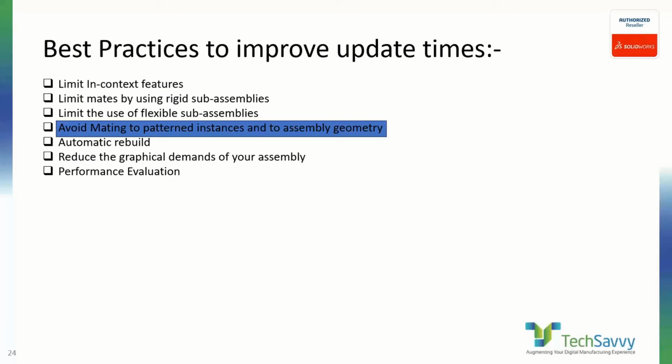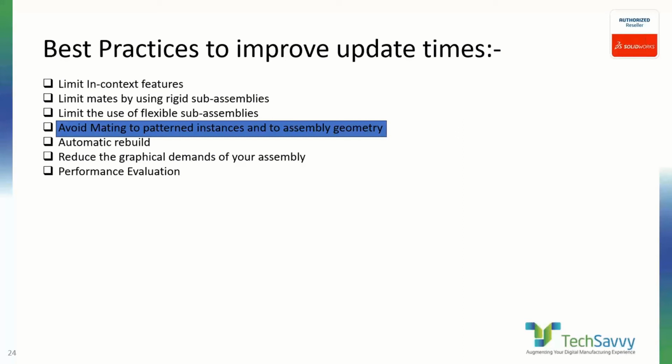Now we can talk about avoiding mates to pattern instances and to assembly geometry. Assembly level features, such as hole features, assembly planes and axes, define the face of a component, a face of the pattern component. SolidWorks software is optimized to solve all the mates simultaneously. The software then follows the assembly tree order to rebuild.